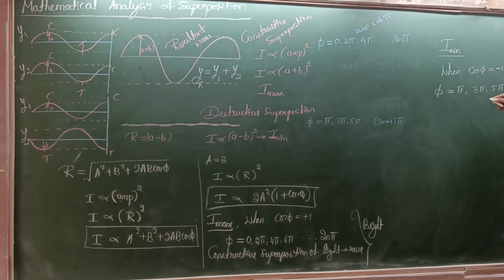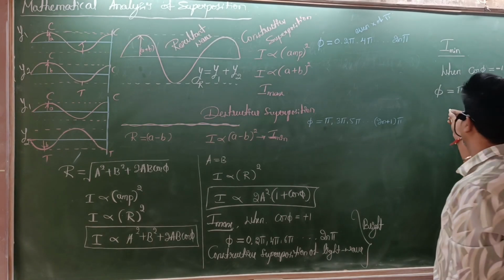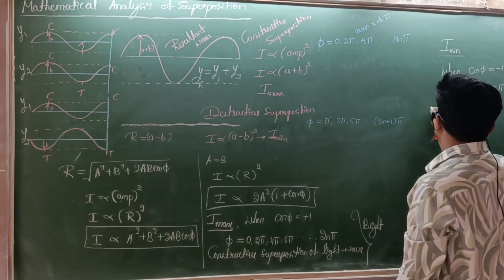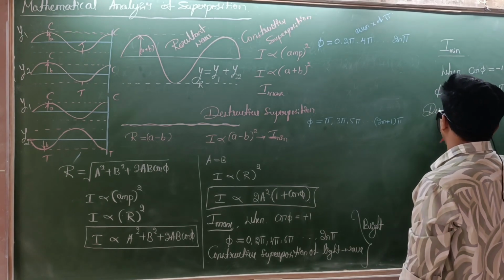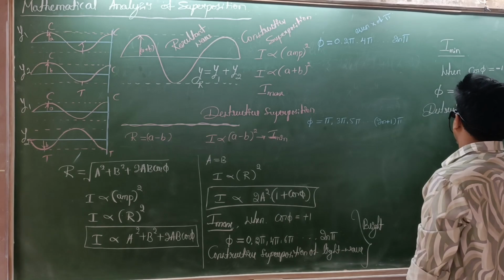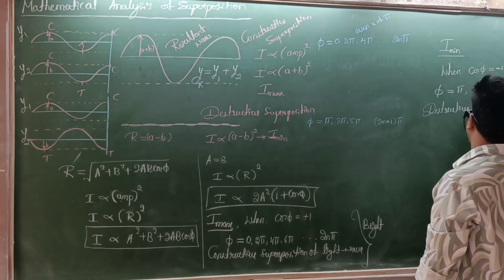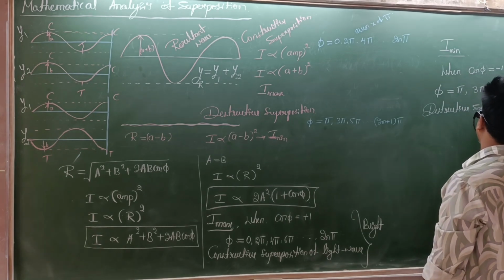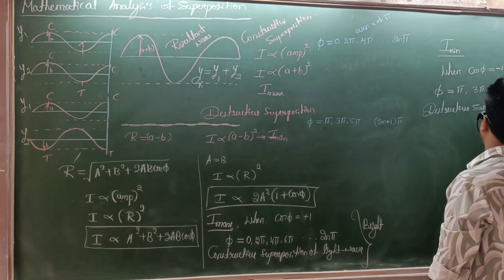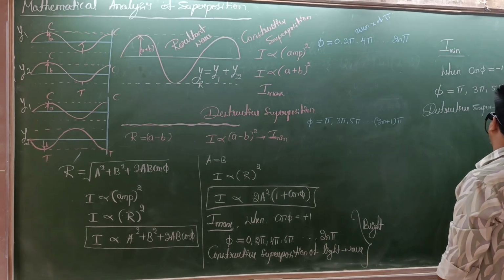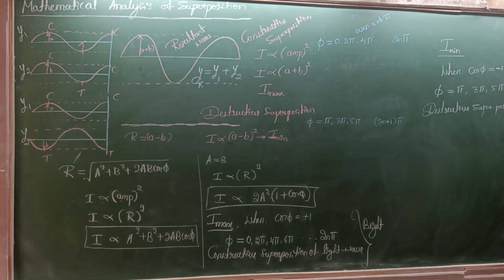This is the odd multiple of π. So in this case we get a destructive superposition, destructive superposition of light waves.